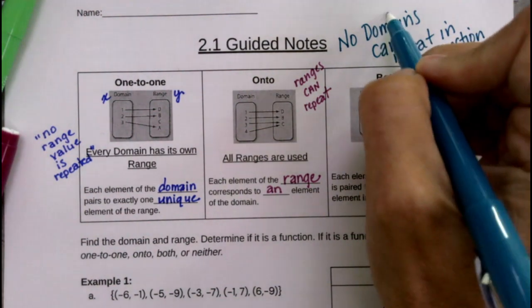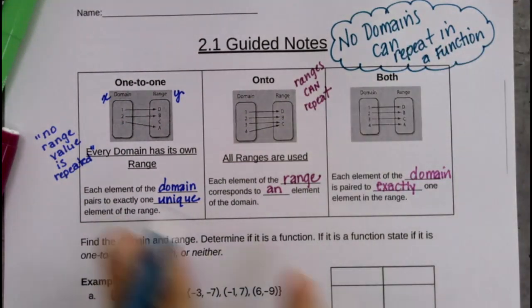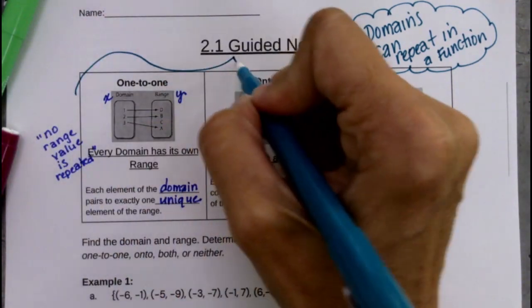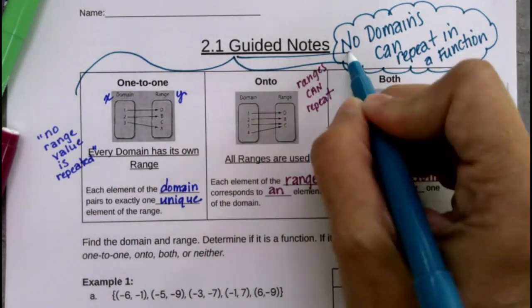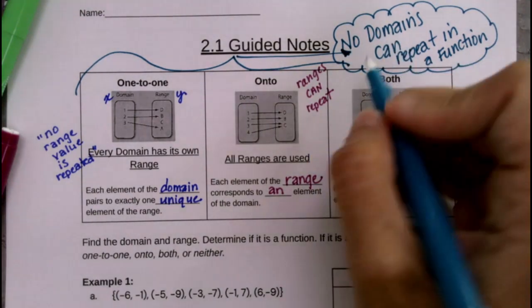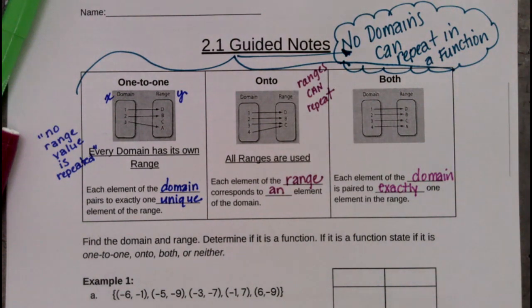So this rule is true for all of the types of functions. In order to be a function at all, we can't repeat the domains because then it would fail that vertical line test.